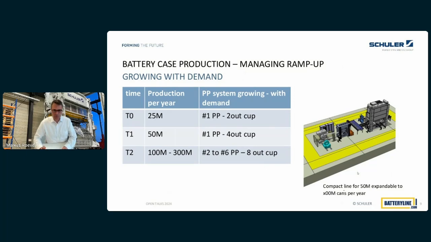So you have to start with a relatively low investment, but when you grow, you should be in the position that you then also have an efficient production line with the big volume. So you have this growing concept we suggest to the market.